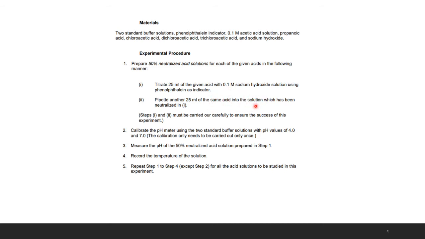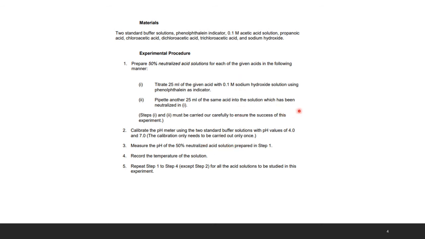That's considered 50% neutralized, and you have to explain why that is so. Now, as I said, you need to calibrate the pH meter to ensure that it is working well. Then measure the pH of that 50% neutralized acid and record the temperature, because the pH depends on the temperature. Then you just keep repeating the process.